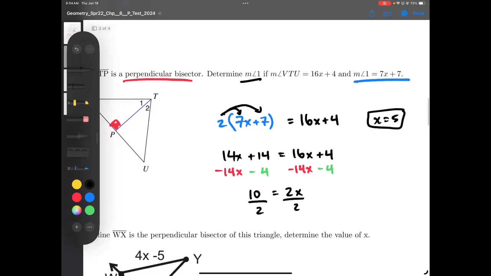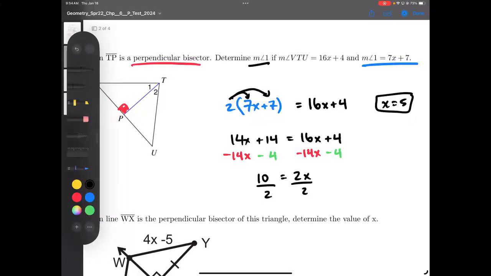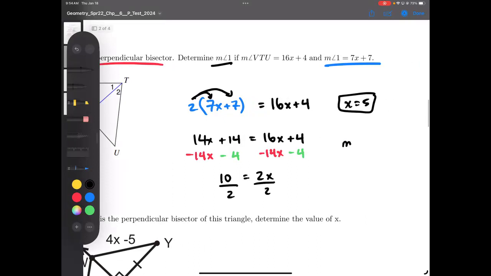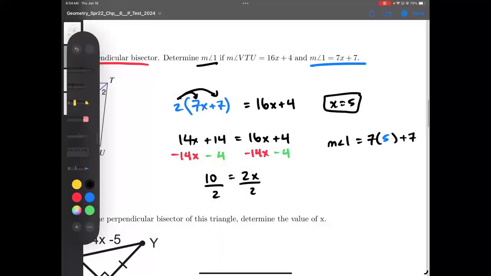Okay. If x is 5, and they want you to find measure angle 1, you got to plug back in, right? So that means measure angle 1 equals 7x plus 7. x is 5, so plug in the 5. That's what, 35 plus 7? 42.